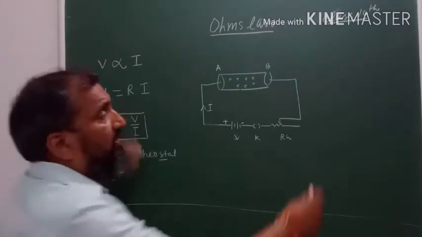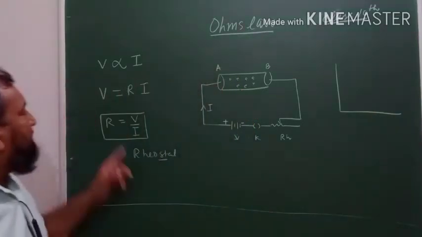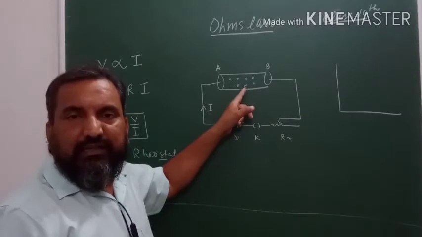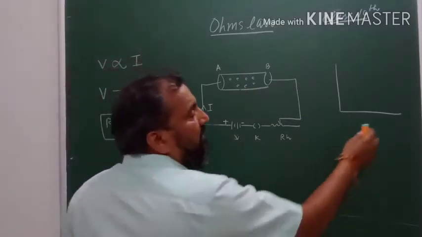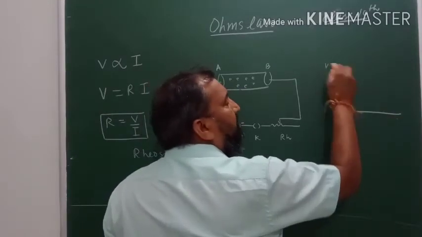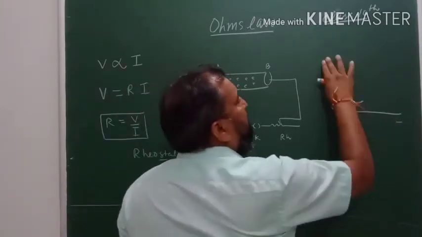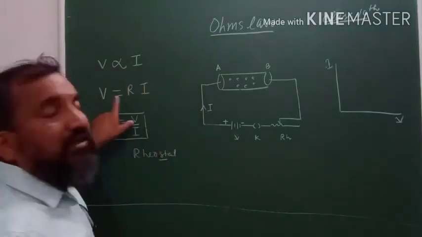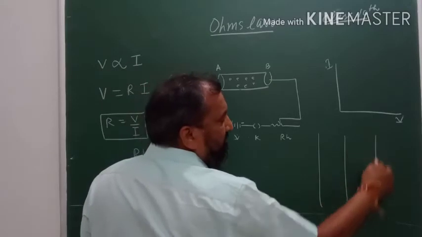Now I want to plot a graph. I said when voltage is increasing, current is increasing, and it is directly proportional. So what kind of relation will there be? This is the potential V and this is the current I. I am increasing the potential. This is a tabulation.